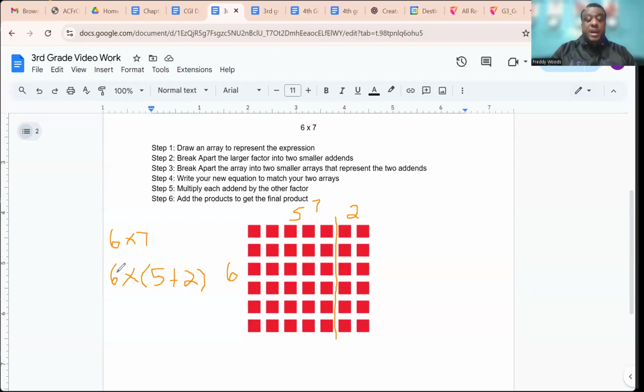Now I got to distribute. So I got to multiply 6 times 5 and 6 times 2. So I'm gonna do 6 times 5.